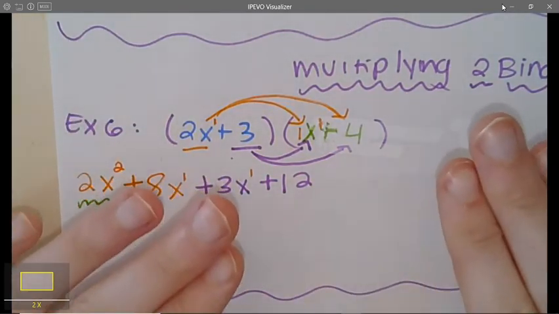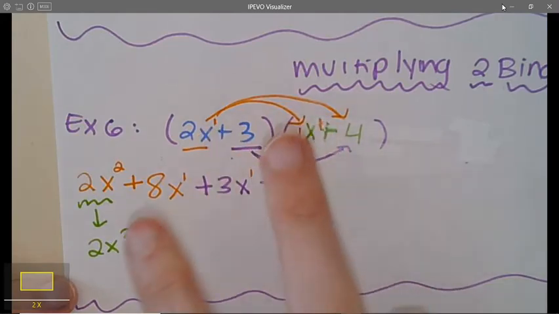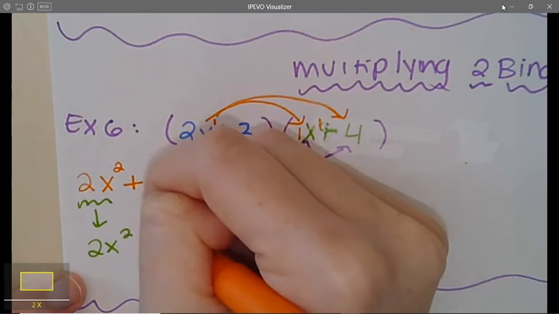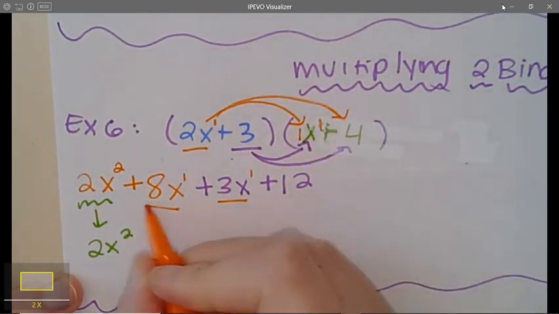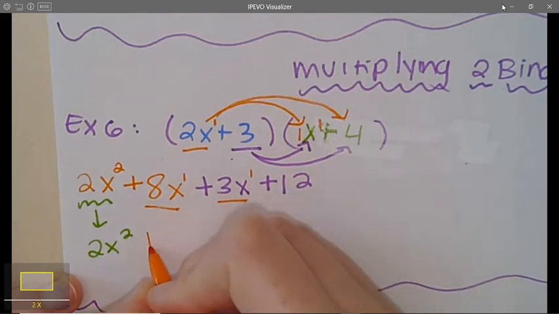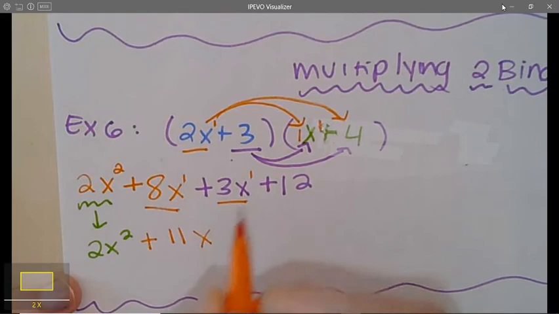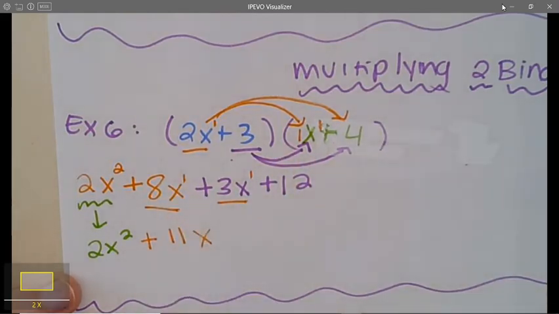That's when the demon cats get you. So multiplying, you add exponents. Adding, you don't do anything to the exponents. So I'm going to be combining my 8x to my 3x. I'm going to add the numbers in front. 8 plus 3 is going to give me 11. And I'm just going to bring on down my x. We don't touch the exponents. I know it's tempting, and then a demon cat gets you.